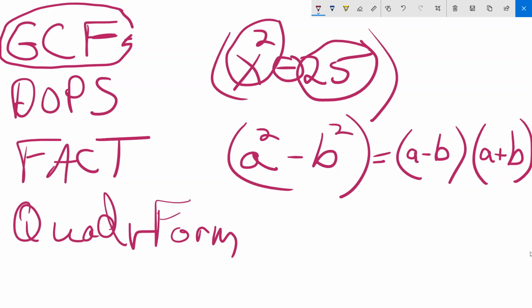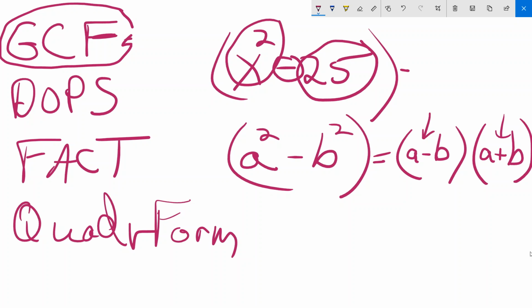But when you have DOPS, you don't have a middle term. It factors into the difference and the sum. In other words, these signs are always, the first one's a negative, the second one's a positive.